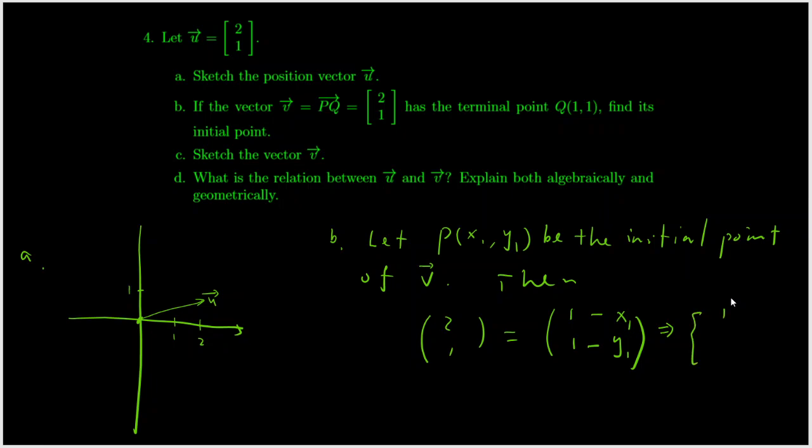Now let's say 1 minus x1 is equal to 2, and 1 minus y1 equals 1, right? Solve the equations for x1 and y1. Super easy, right? So I have x1 equals, I think, -1. All of you know how to solve the equation for that. x1 is equal to -1.